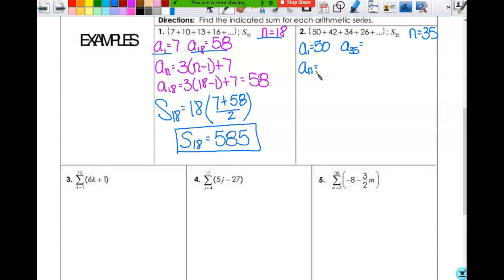Negative 8. So it's going to be negative 8 times n minus 1 plus 50. So the 35th term is negative 8 times 35 minus 1 plus 50. And that gives me negative 222.